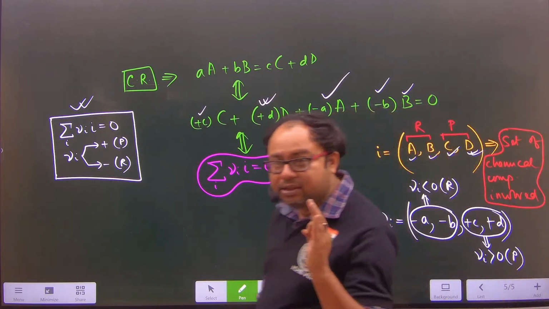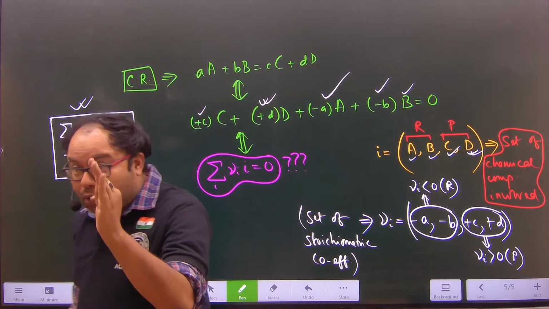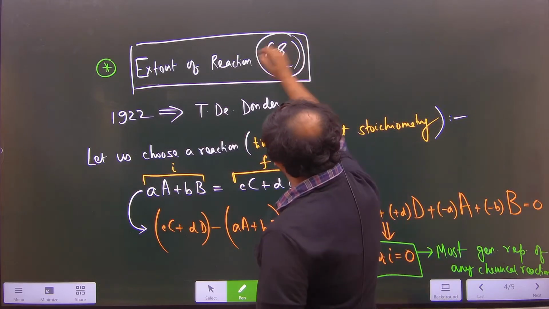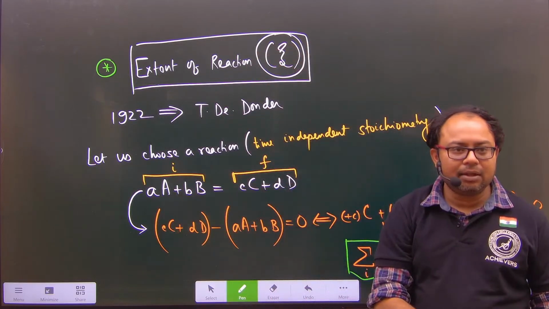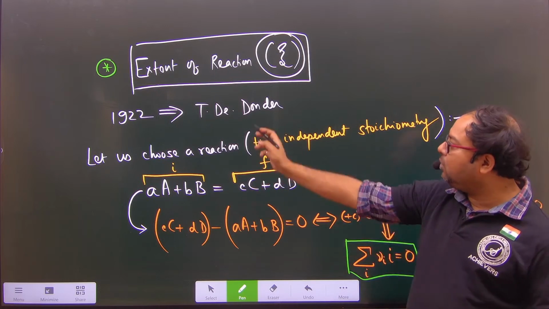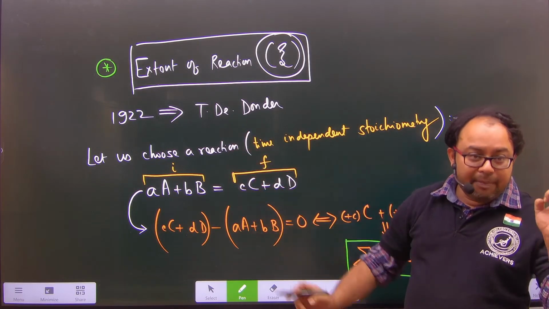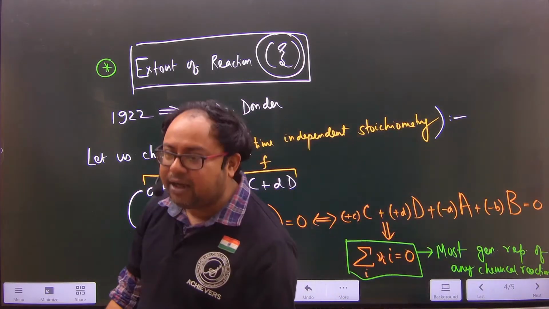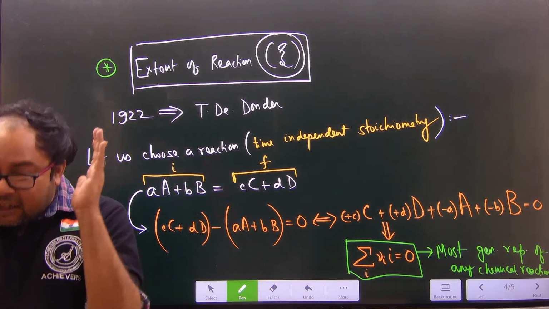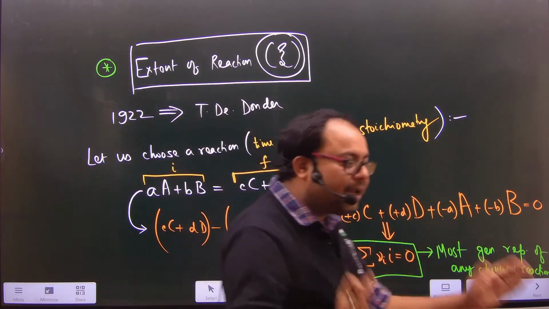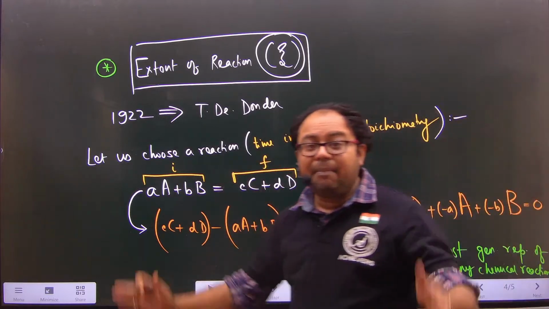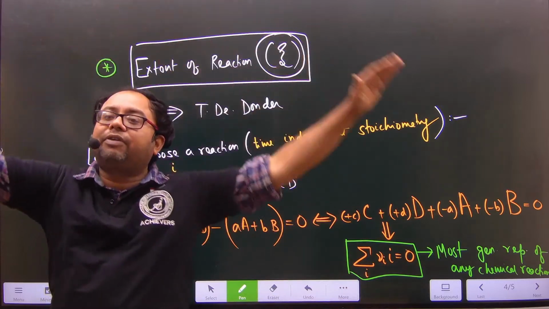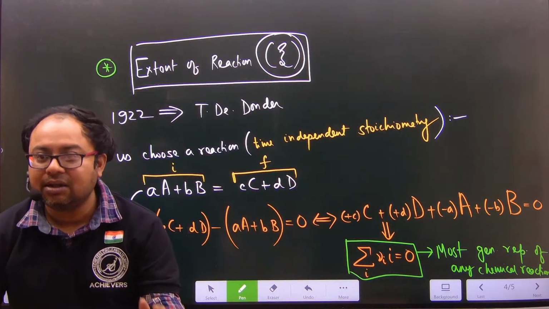Now it's time to understand the concept of Xi, the extent of the reaction. So in 1922, T. De Donder basically proposed a very important and legendary expression in context to chemical kinetics, and that is the fundamental equation on which the entire subject of chemical kinetics stands.